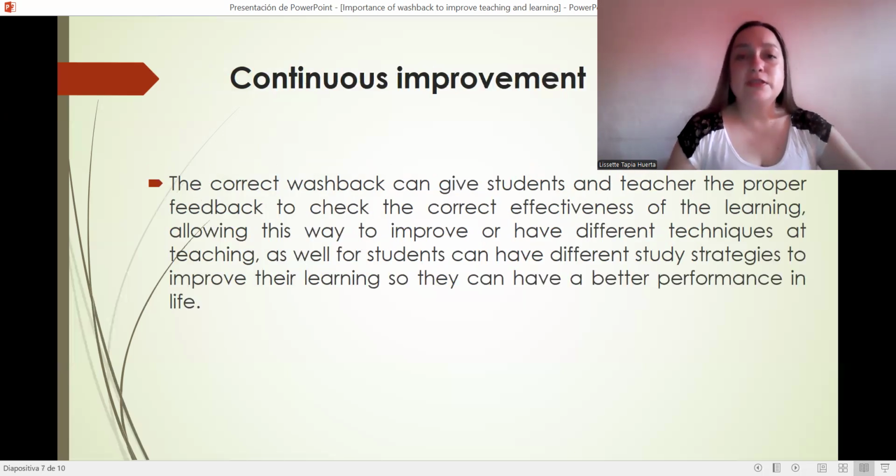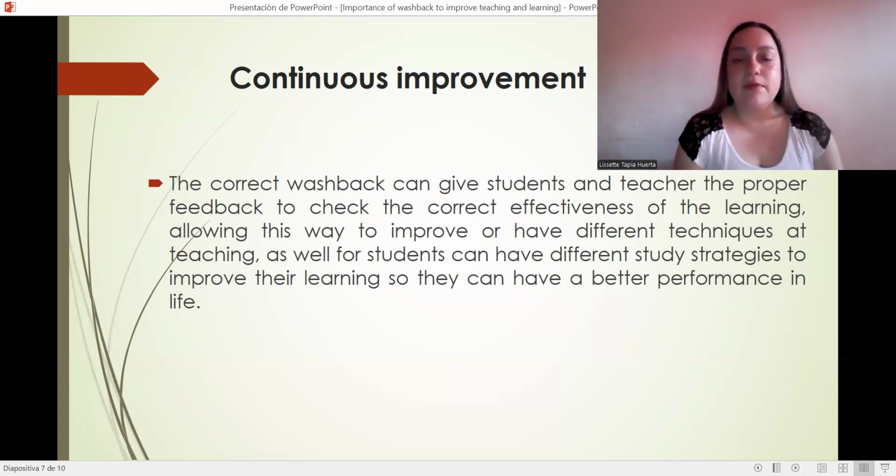Also, as teachers and students, we are going to have continuous improvement in knowledge. The correct washback can give students and teachers the proper feedback to check the effectiveness of the learning, allowing us to improve or have different techniques for teaching. And the students can also do a better job.